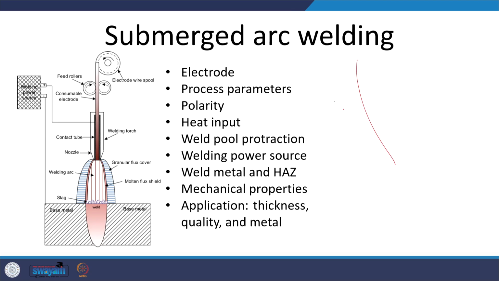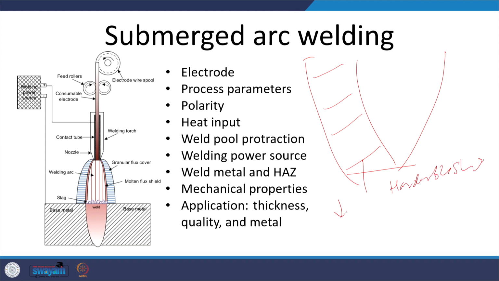Because of the very wide heat affected zone, significant degradation in the properties of the steels takes place, especially in hardenable steels, where we find reduced toughness, high hardness, and reduced strength of the joint.